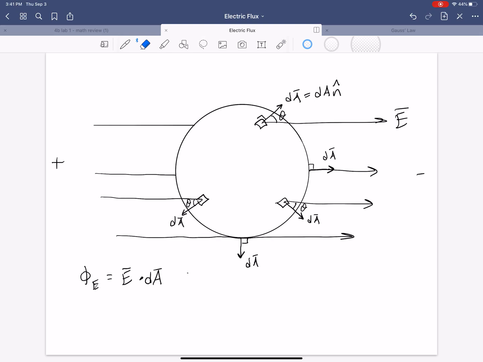This relation right here is the mathematical way to take into account the relationship between the electric field and every possible orientation for dA. And this is the net flux. It's a relationship between the amount of electric field passing through a surface at any point.